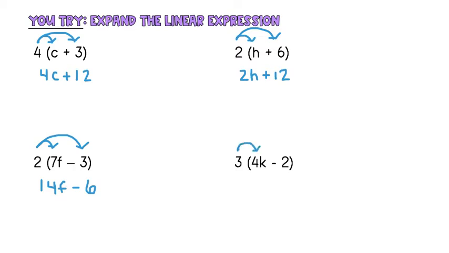When you multiply 3 times 4k, we get 12k. And 3 times a negative 2 is a negative 6.